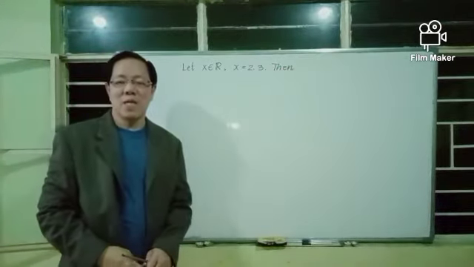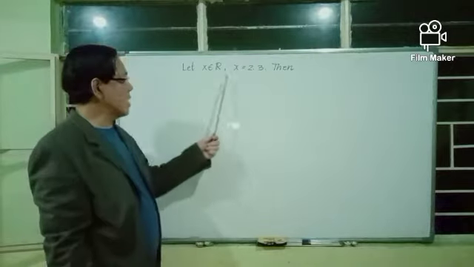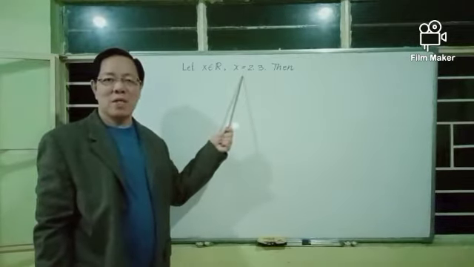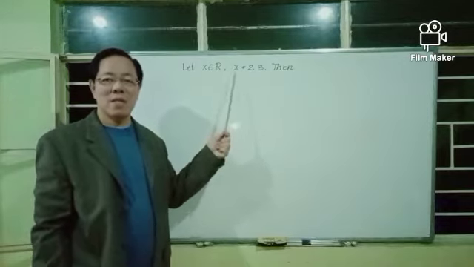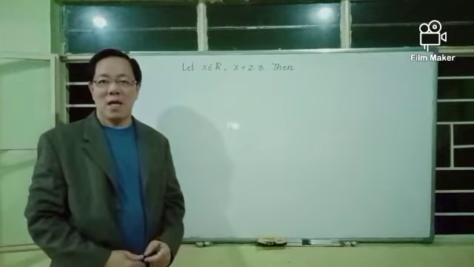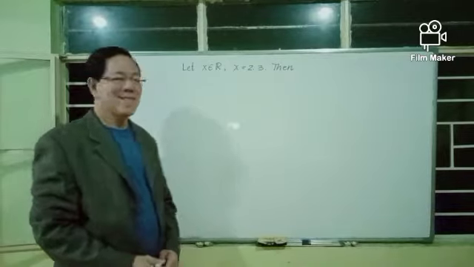We let x be any real number. In particular, we let x be equal to 2.3. Then we find the floor of 2.3 or the greatest integer function of x when x is 2.3.